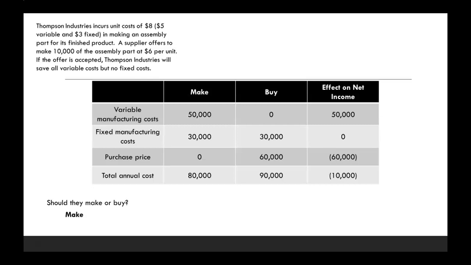So we want to make the product. Another way that we can look at this is if we were to buy the product, our net income would decrease by 10,000. So, either way, we need to make instead of buy.